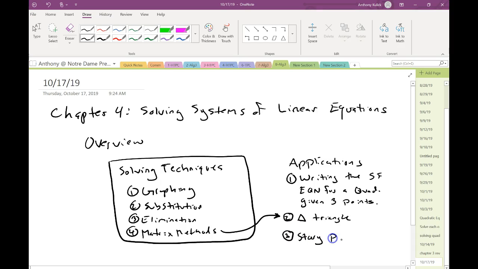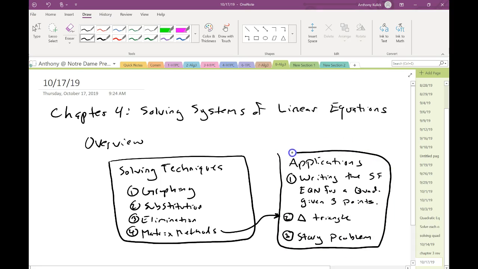and then we'll spend some time doing an array of story problems, because there are some fairly common-ish everyday situations where solving a system is really how you would answer that kind of a question. And this is basically what we're going to be focusing on here in Chapter 4.